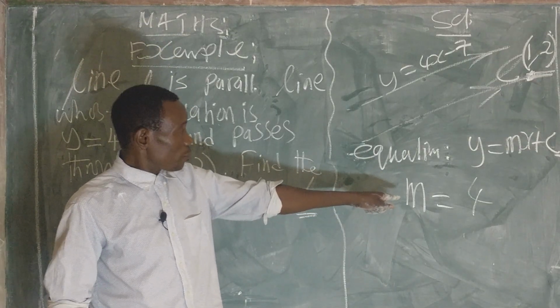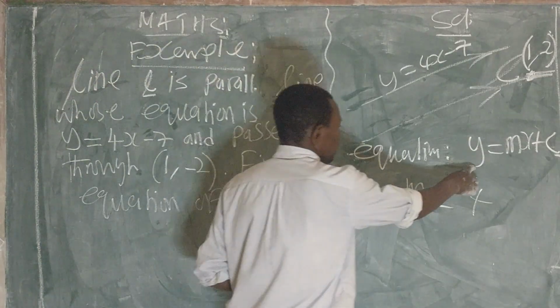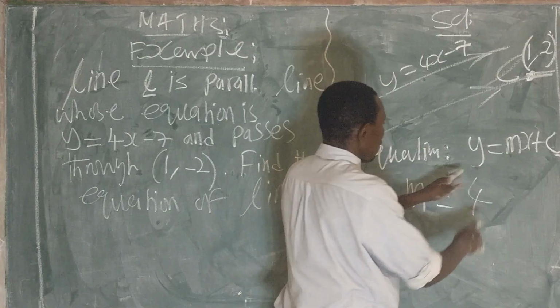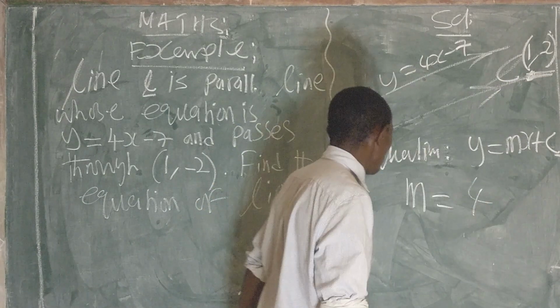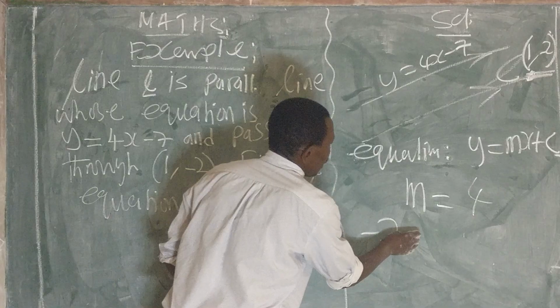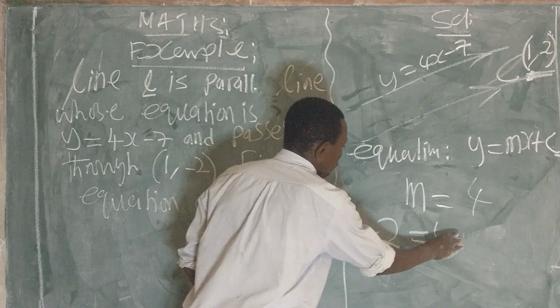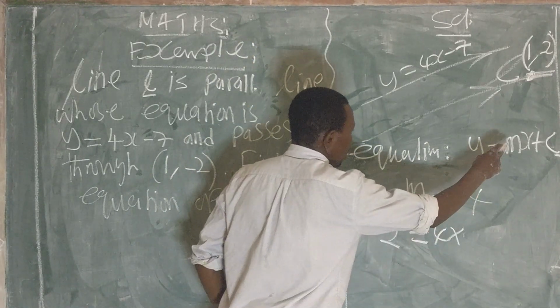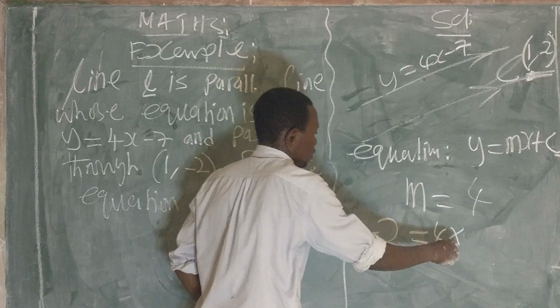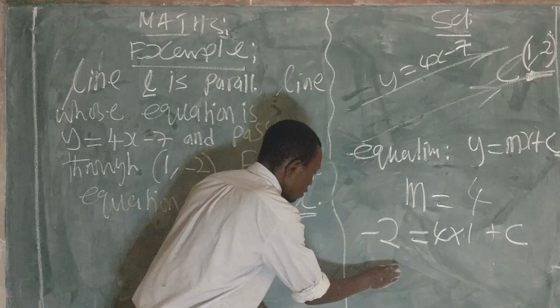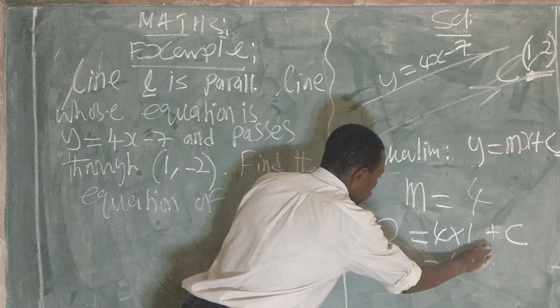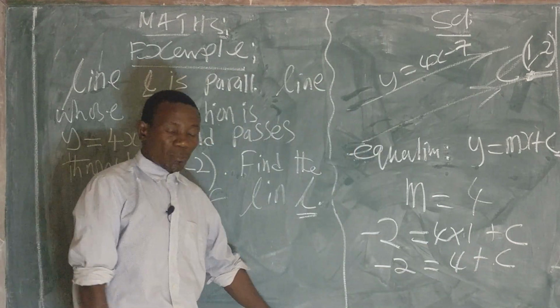The y can be substituted for the y coordinate, which is -2. So -2 is equal to 4 multiplied by x, which is 1, times 1, plus c. So I have -2 is equal to 4 plus c.